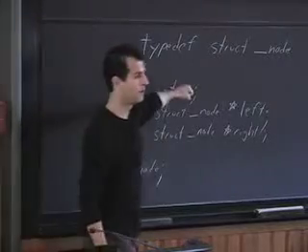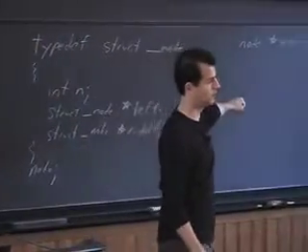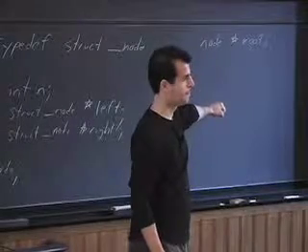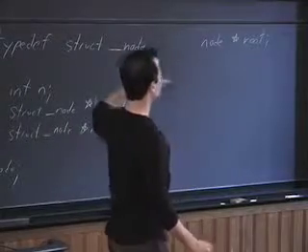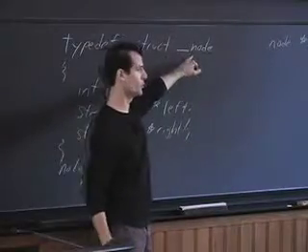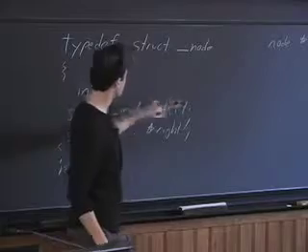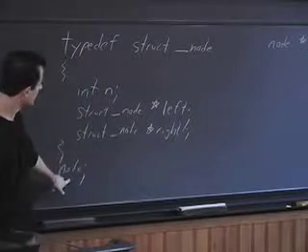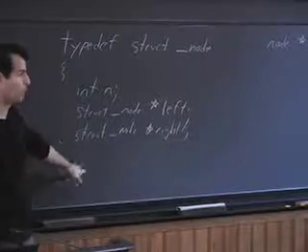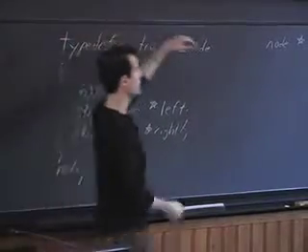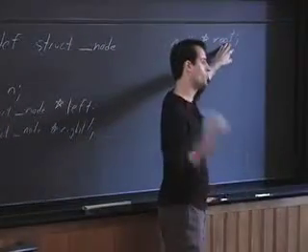When you call it node star, would we presumably do some sort of type definition node to be that structure? So we have assumed that this is a node. So even though I called it struct underscore node here, the only reason I did that is because I needed this self-referencing within the definition. But because I ended this declaration with the word node followed by semicolon, that means this whole thing is called a node, which means a node star is just a pointer to one of those things.